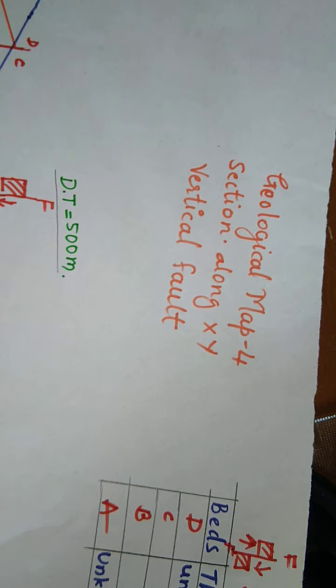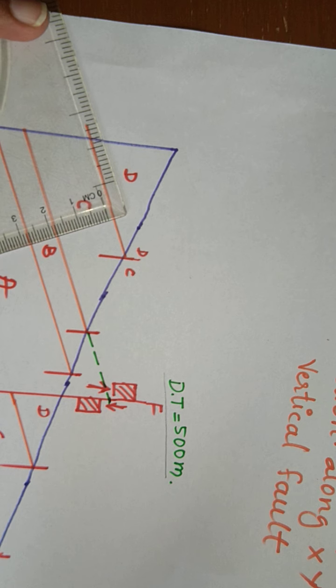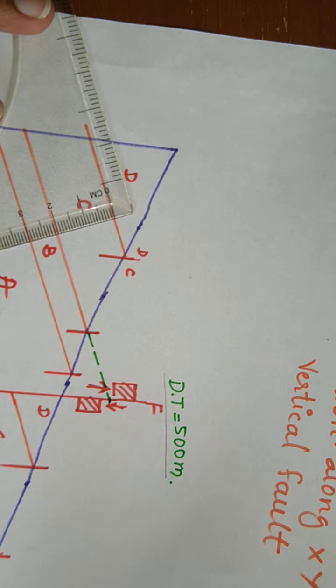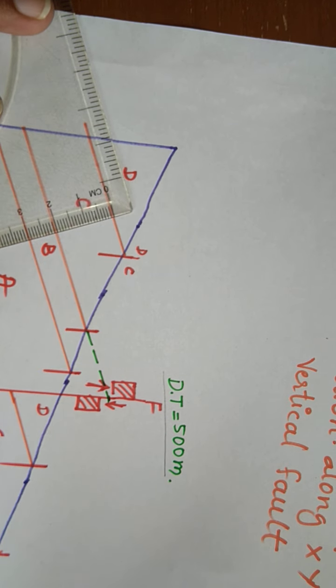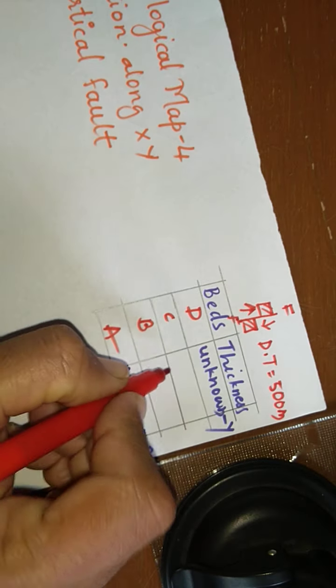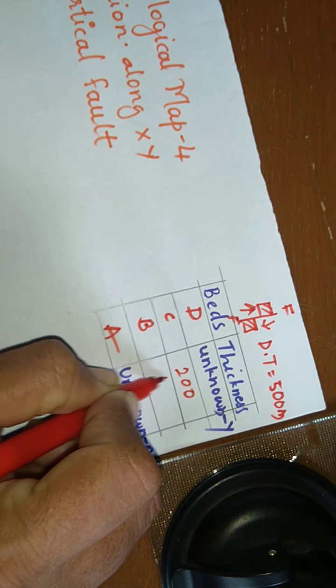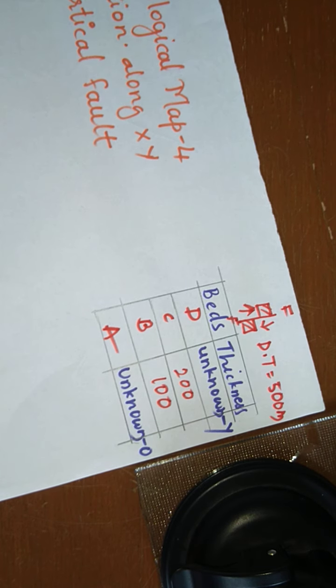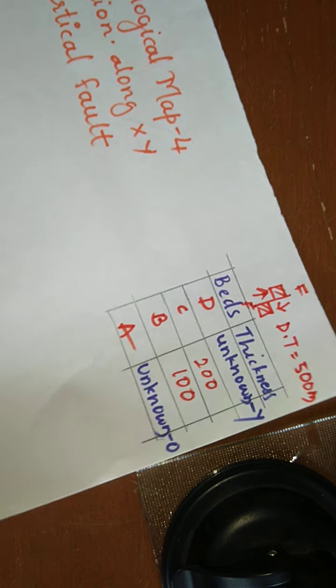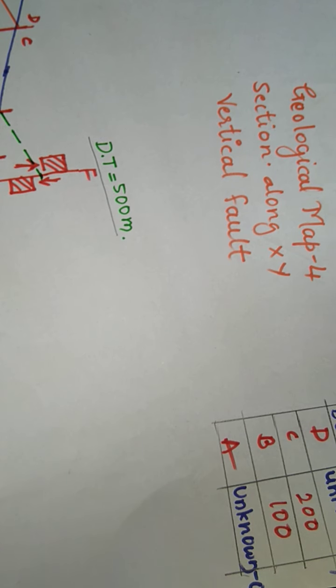Then thickness we can directly measure and write here. The C bed is around 200 meters and here it is 100. So C is 200 and B is 100 meters. So this is how we are going to draw the fault map.